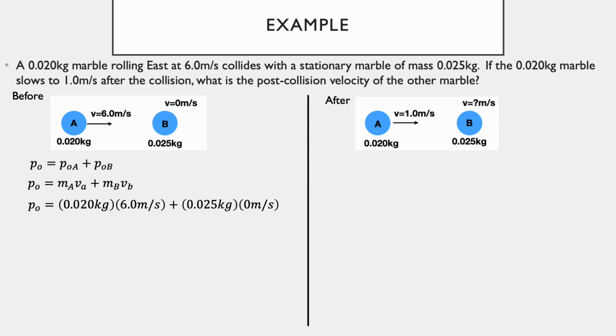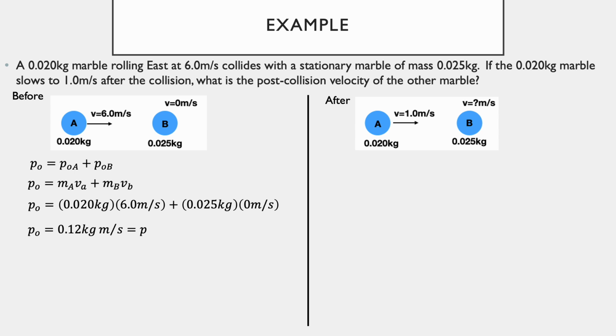So we'll substitute our values in. And of course, the second term is going to essentially cancel out because anything times 0 is 0. And we get an initial momentum of 0.12 kilogram meters per second for momentum. Now, because of the law of conservation of momentum, we also know that that is the value of our final momentum.